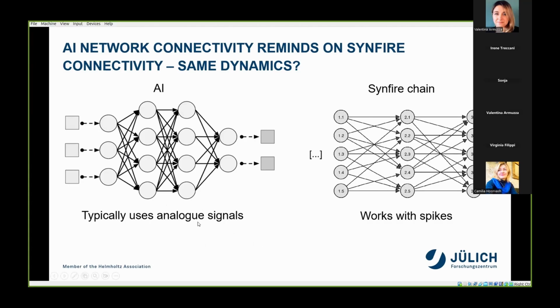However, AI networks typically use analog signals, firing rates or so. However, our synfire chain is working with spikes, and I talked to a lot of people who do AI, and then I found a person who does this with spiking activity.